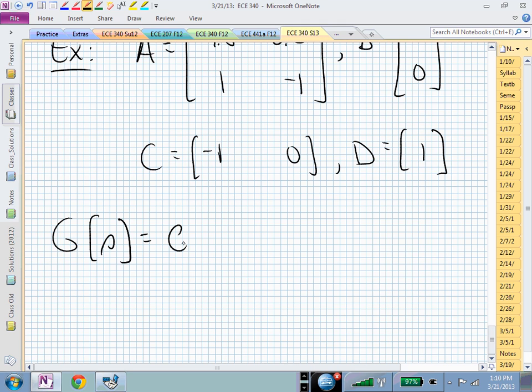We had the C matrix, the output matrix, times sI minus A, where A is the system matrix. We invert that whole mess symbolically, times the input matrix B, and then we add in, if it exists, the direct feed-through matrix D, and that's our transfer function G of s.